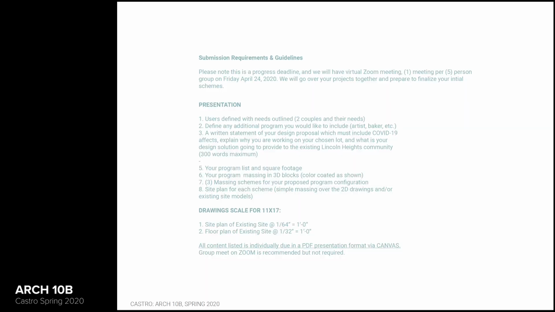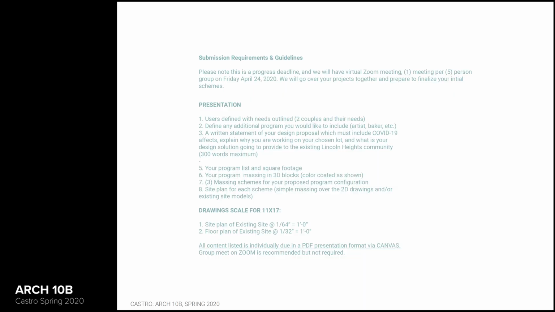Number 2, we need to define any additional program you would like to include. The examples I was providing was, is your client an artist, are they a baker, etc. And once you've identified those needs, what are the programmatic aspects that they require in your design?